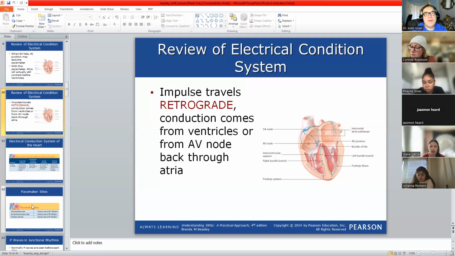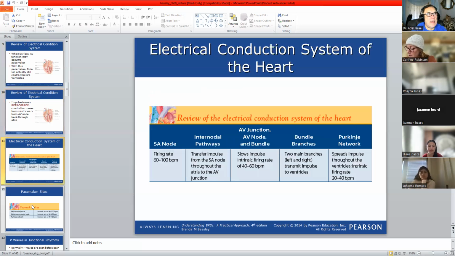Besides being negative, it can be before or after the QRS. So this is something new. Before and after the QRS, in either case, it is negative in both situations. And of course, if it comes behind the QRS, it will be hidden like we learned before. So the keyword is retrograde, that is to say, it is negative all the time.